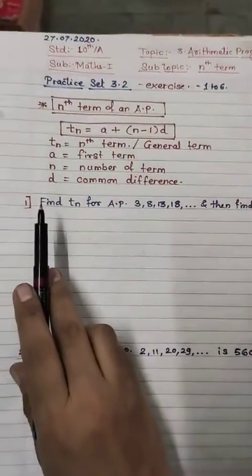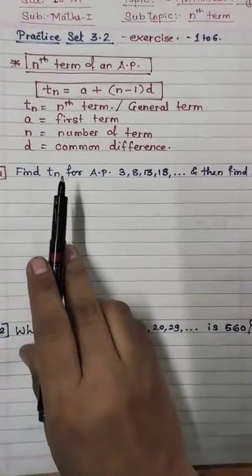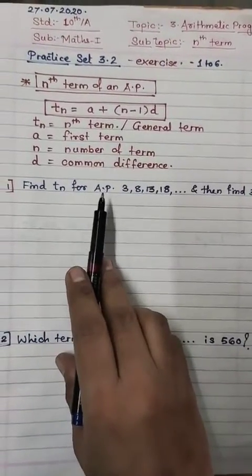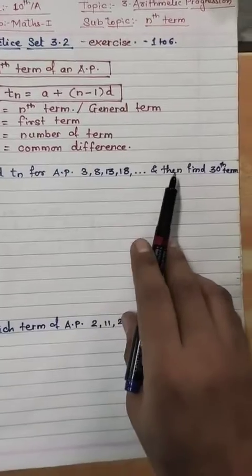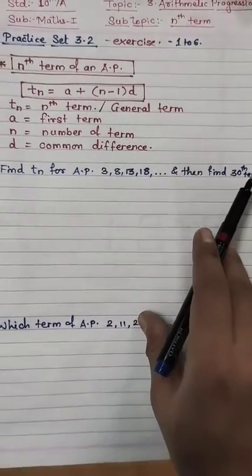Now let's take the first example. Find Tn for the arithmetic progression 3, 8, 13 and 18 and then find the 30th term.